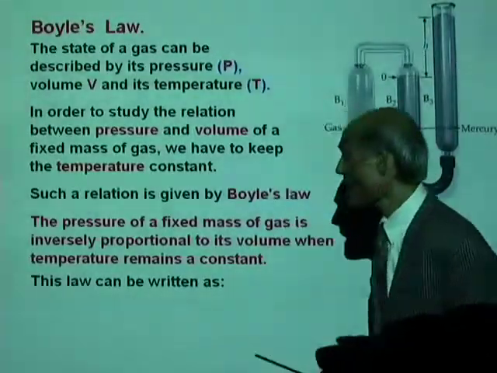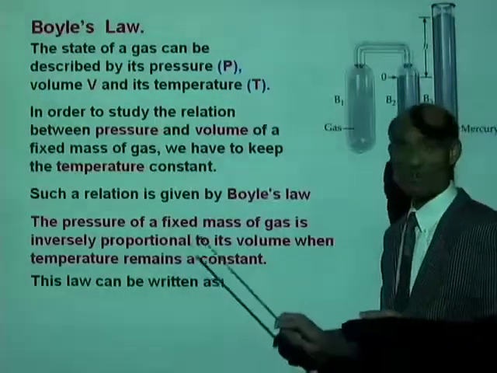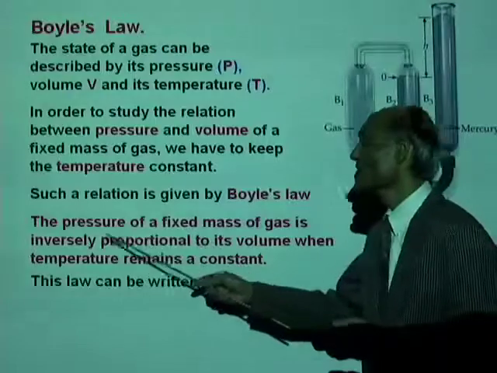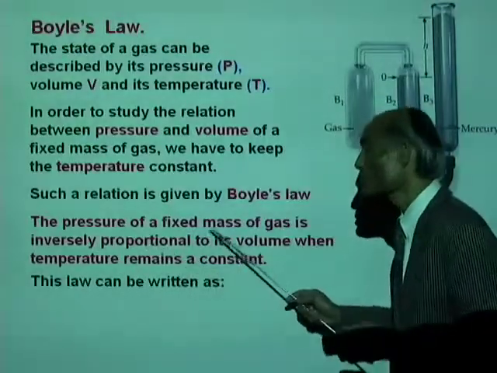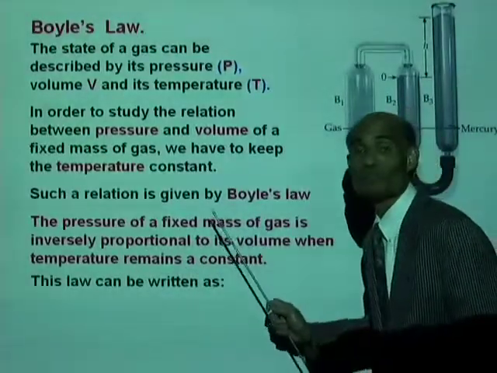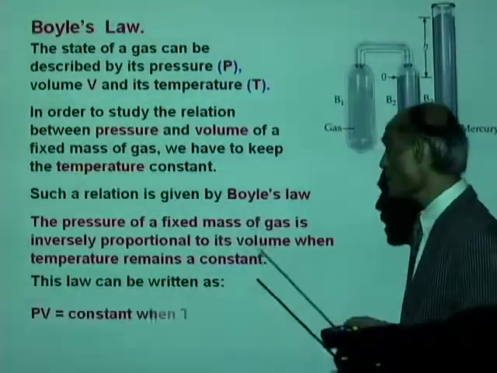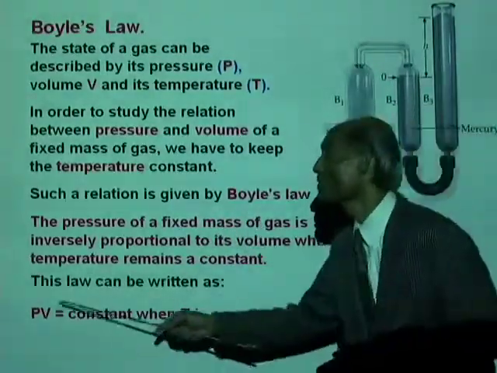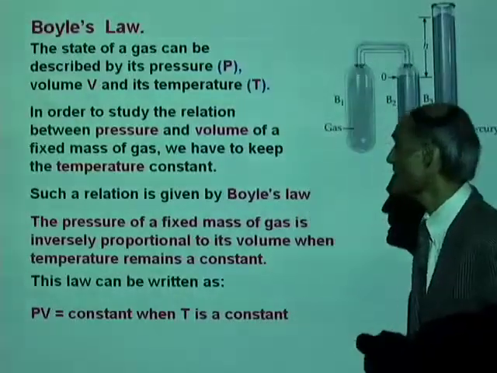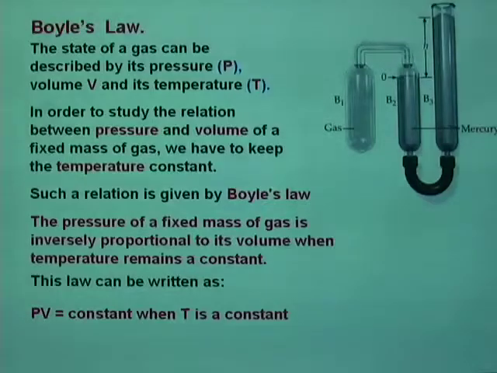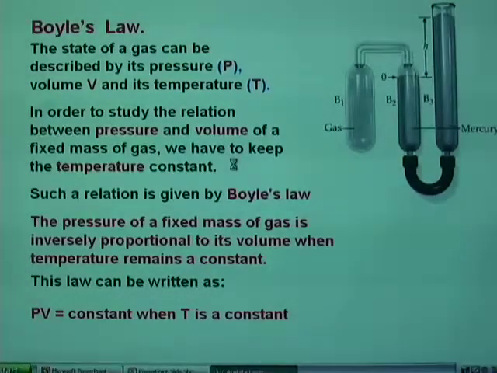Now this law can be written as, how do you write this law? The pressure of a fixed mass of gas is inversely proportional to its volume. P is proportional to 1 over V, or we say PV is a constant when the temperature T is a constant. Now this is how you can write this law.